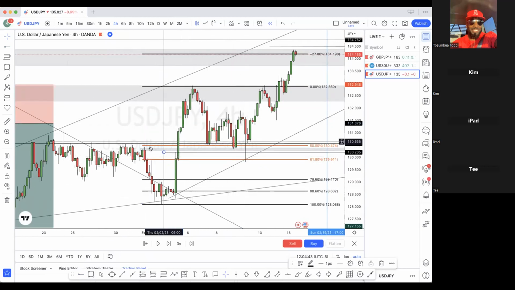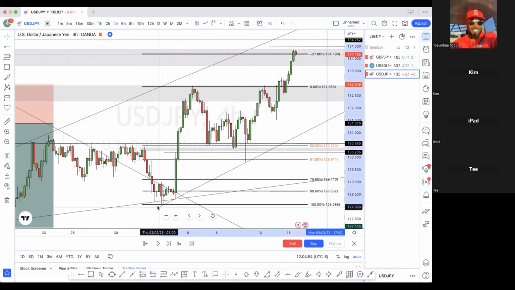Because this imbalance is close to this order block, and after I had drawn my trend line for this touch and this touch, and it was so close to my trend line, my entry would have been this closed imbalance right here.